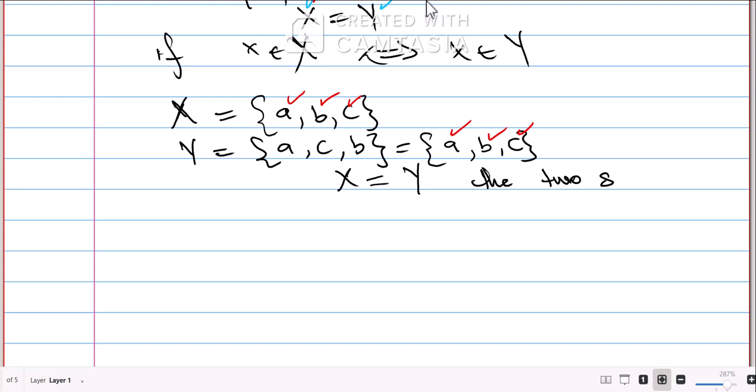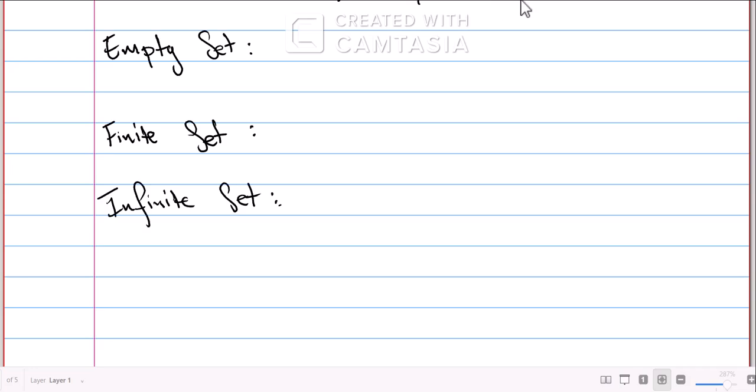There are types of sets. We have an empty set, a finite set, and an infinite set. An empty set is a set that does not have elements.